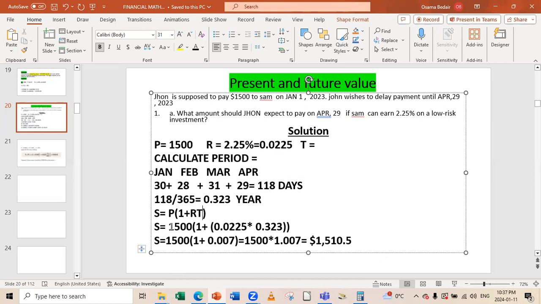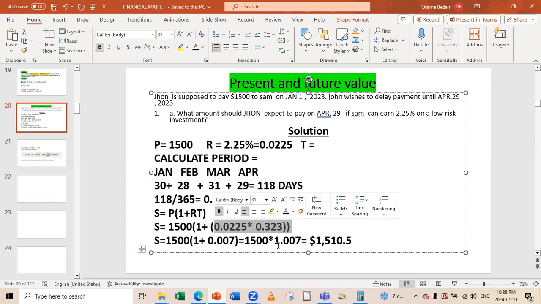Then the future value will be 1,500. Then 1 is constant here in the formula. And the R is 0.0225, like here, multiplied by the year. The year is 0.323. Finish this part first.